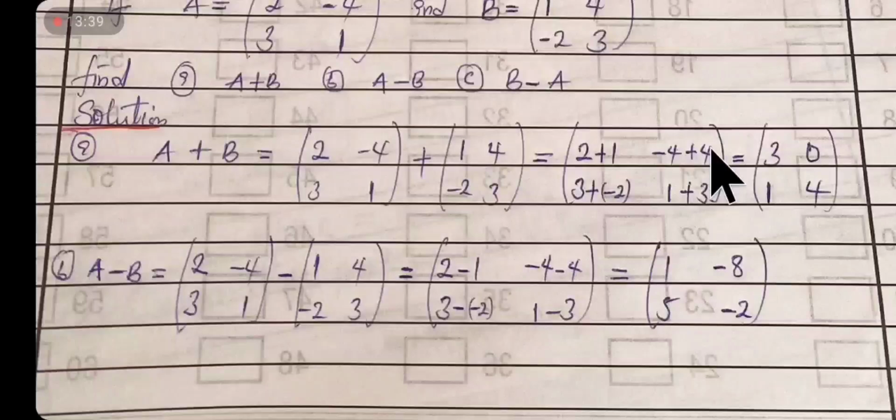So 2 plus 1 is 3, minus 4 plus 4 is 0, 3 plus minus 2 is 1, because minus plus and minus is minus, so 3 minus 2 is 1. And 1 plus 3 is 4. Therefore, matrix A plus B will be 3, 0, 1, 4.